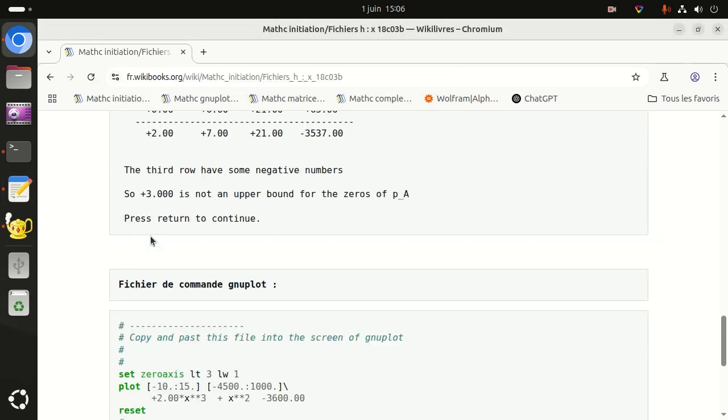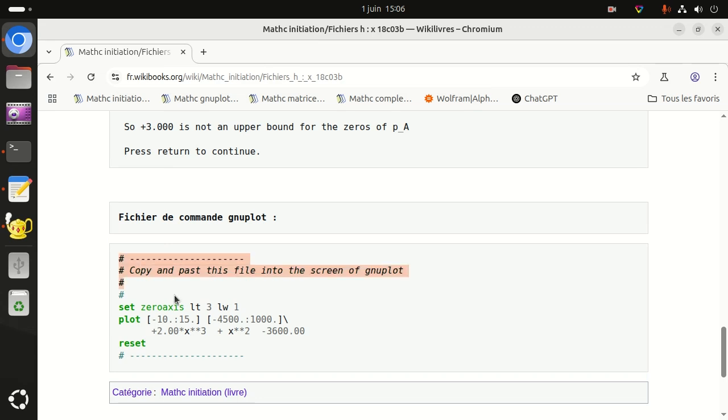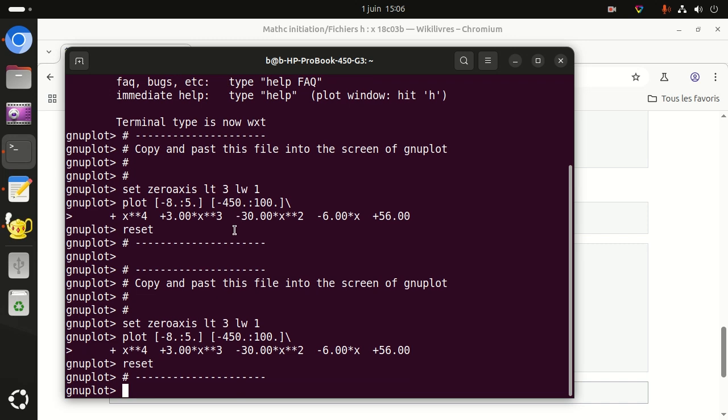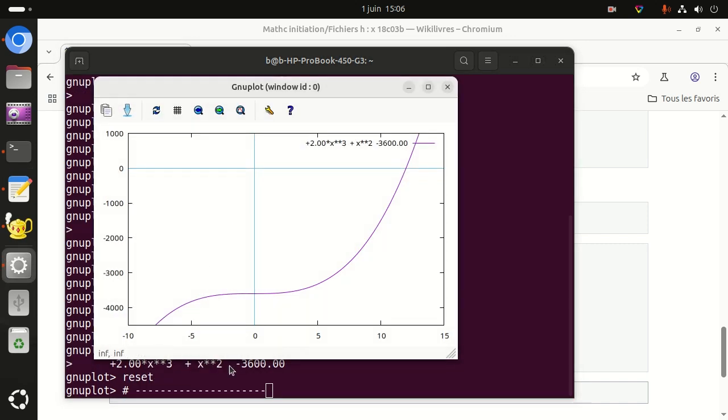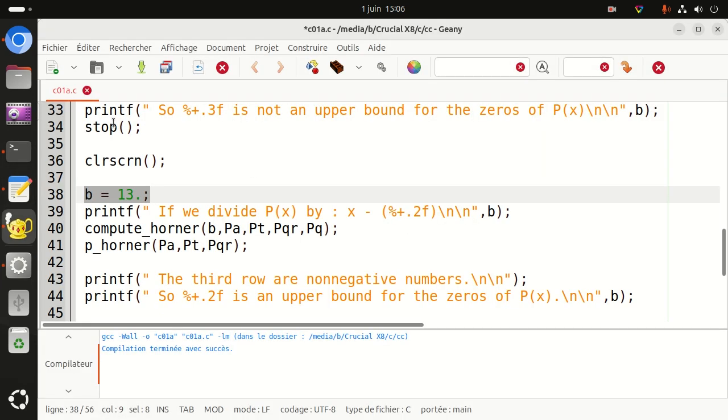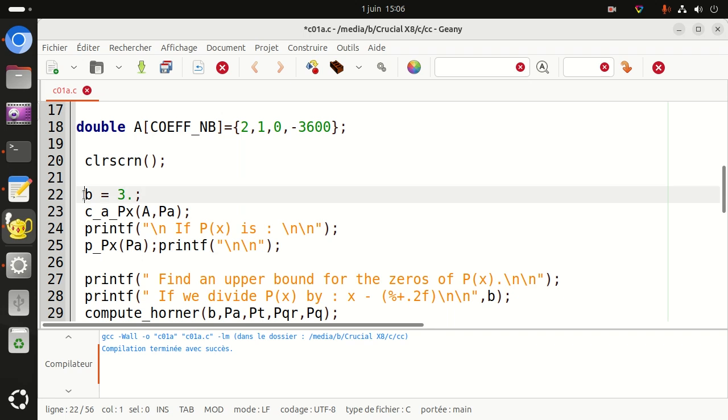Now I want to draw this new polynomial. Now this is a new polynomial. I have chosen 3 for the value of b.